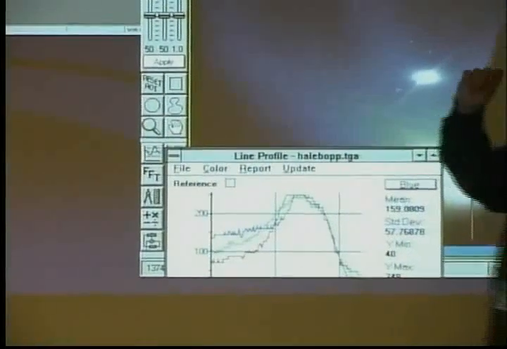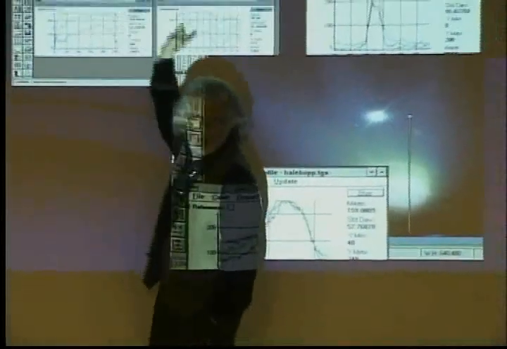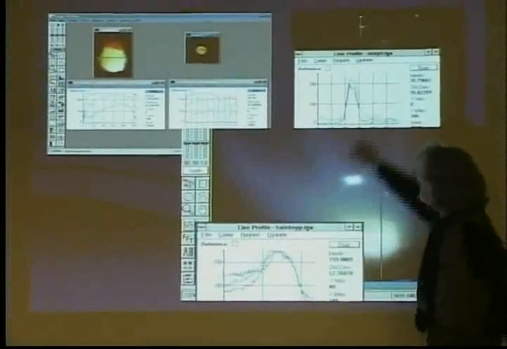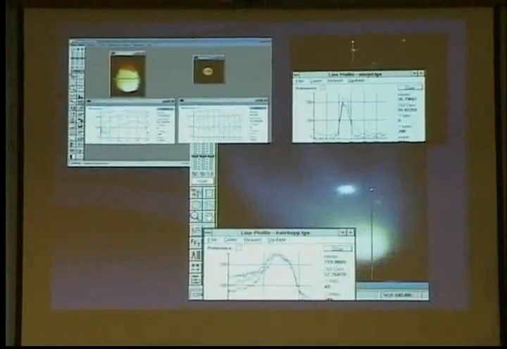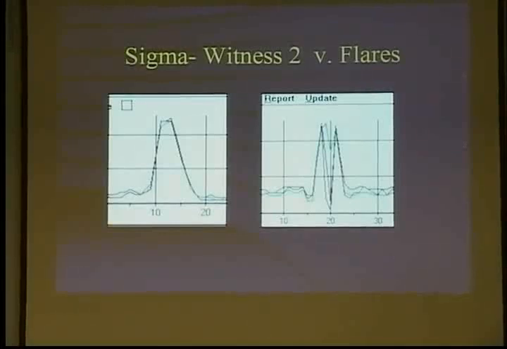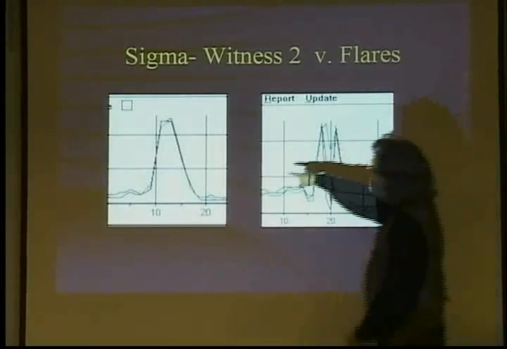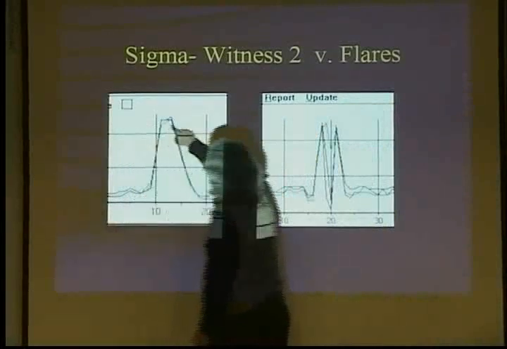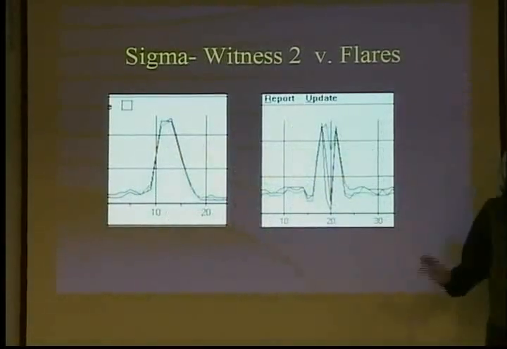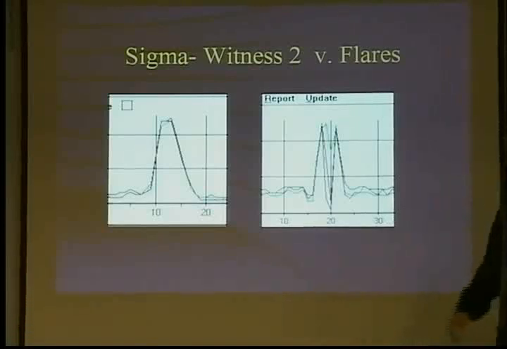Remember before we looked at the graph of the 2 challenges? Jet airplane, Hale Bopp, okay? Now we're looking at, comes right down to the nut cutting. The unknown and flares. Sigma, well, you can tell right away.